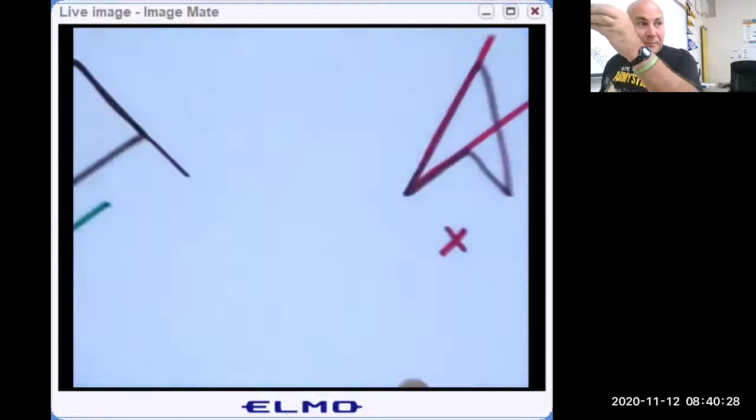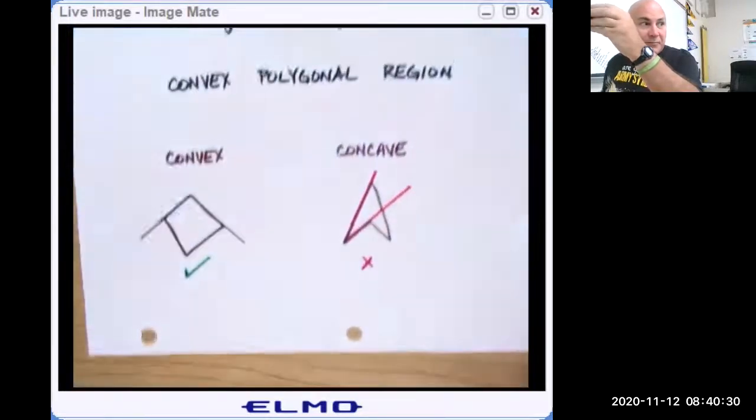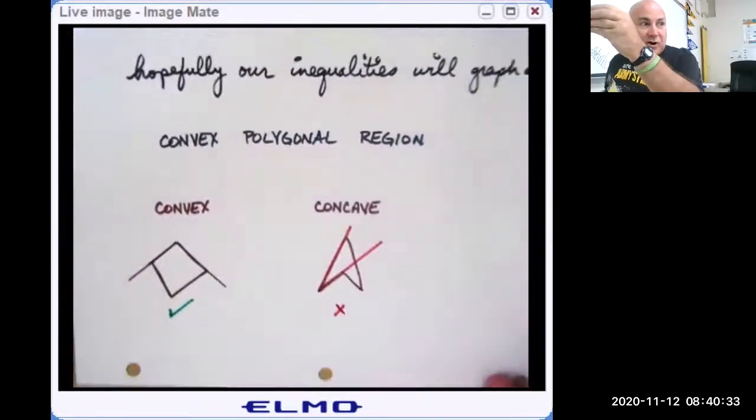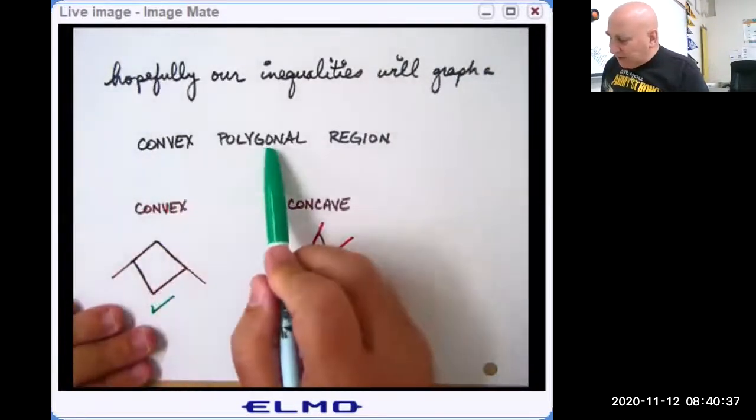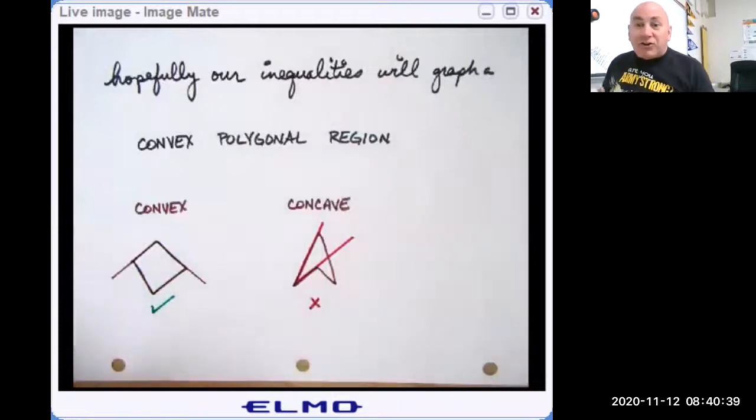Now, what we're hoping for, and this is really important for our next lesson, is that our inequalities will graph a convex polygonal region, like a triangle. Convex means, I'm not giving you the official definition, I don't think, but this will work for you.